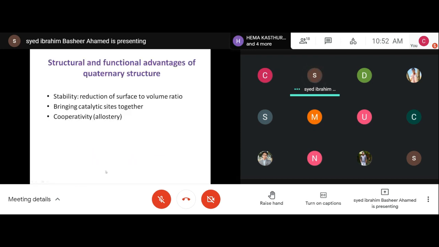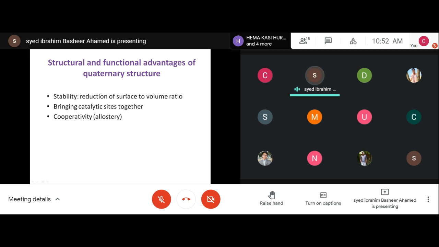The structural and functional advantages of quaternary structure include stability. It reduces the surface to volume ratio of the oligomers. Sometimes when two different polypeptides come together, they form the catalytic site, or bring the catalytic site together.